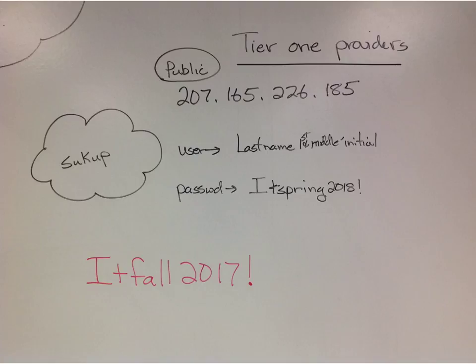There's not a lot of Tier 1 providers. AT&T, Verizon, Sprint, those make up Tier 1 providers, and they share information amongst themselves at no charge. And then what they do is they allow internet service providers to connect into their networks.